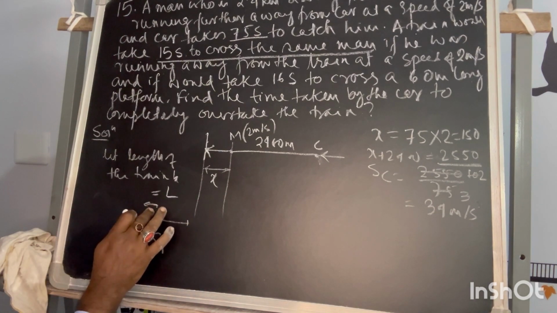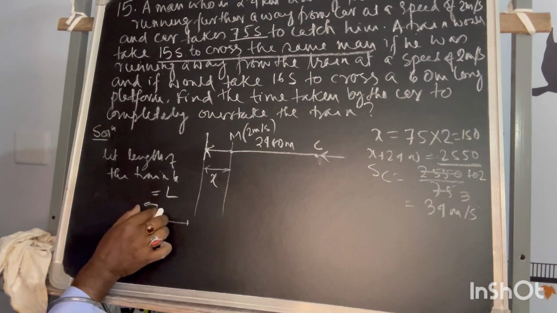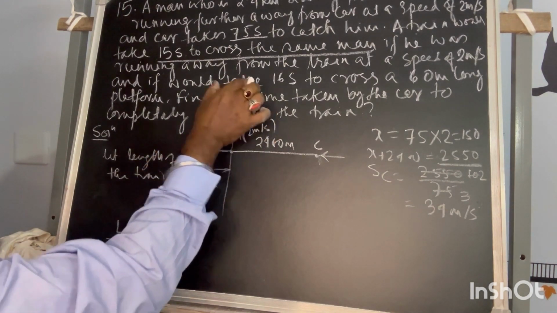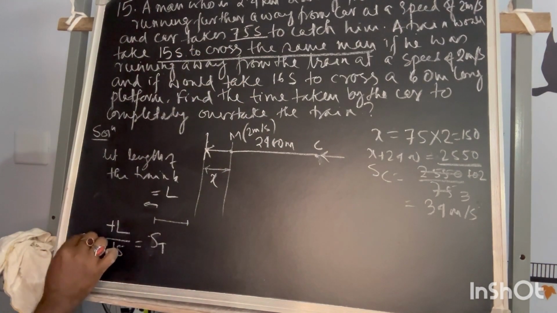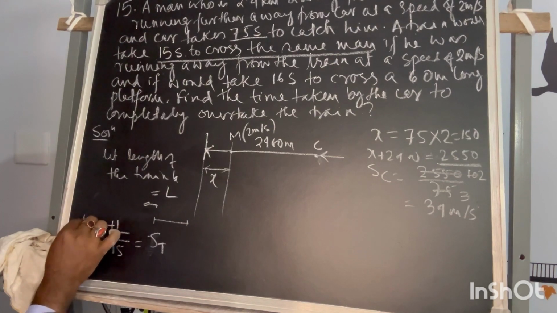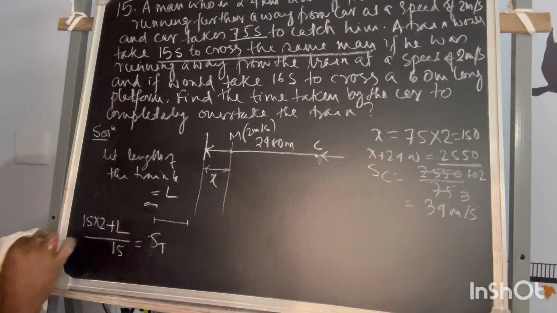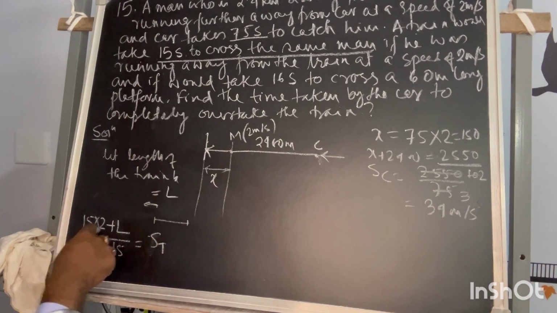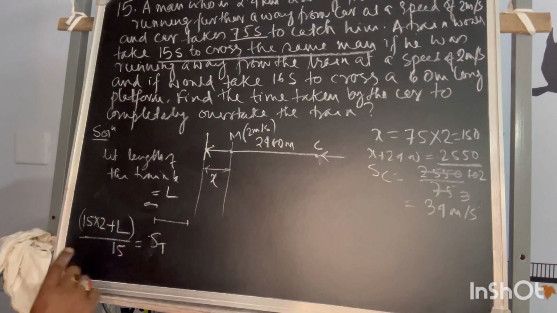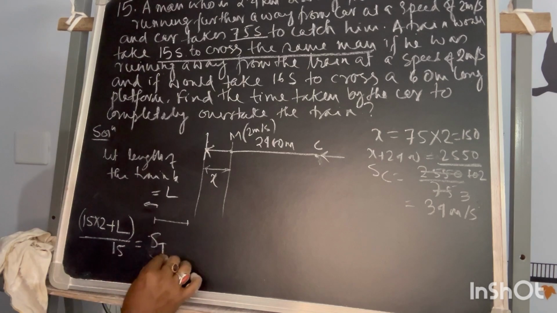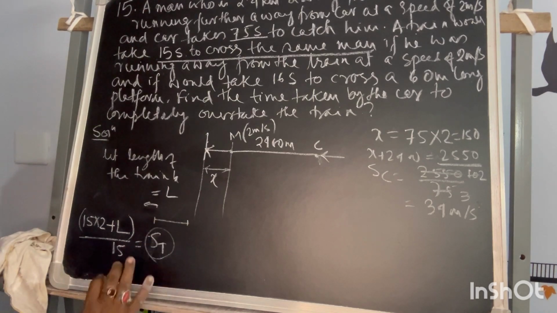So that means this has covered some more distance in that time the train is crossing. So how much distance is added to it? It is 15 seconds into the man's speed, which is 2. That whole distance, when it is divided by the time of their crossing each other, will give you the train speed. This is one method.